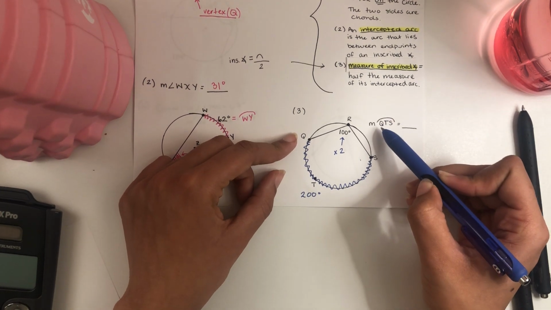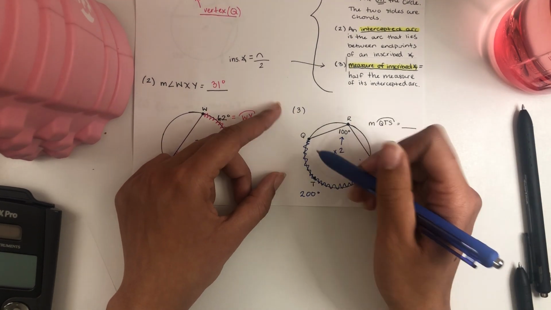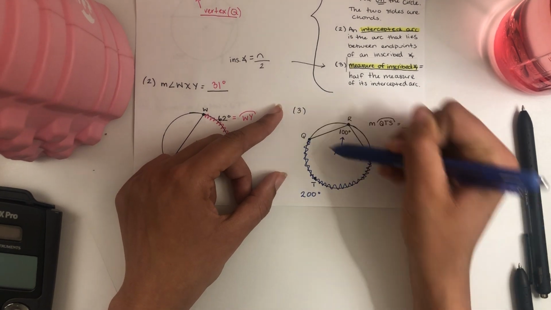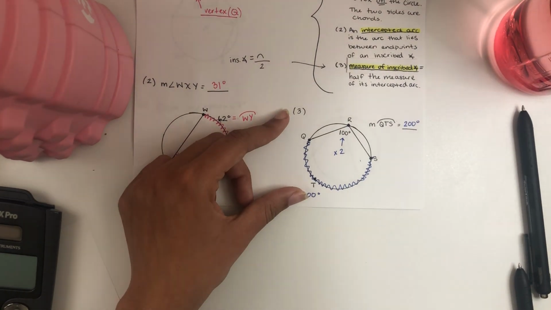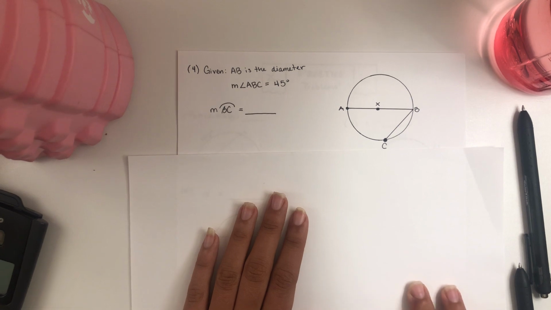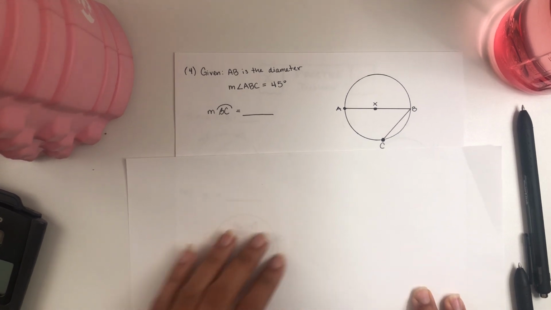So when they ask us for the measure of arc QTS, that is 200 degrees. All right, 3 more problems we're gonna be going through. You will need a calculator soon. You're fine for now.